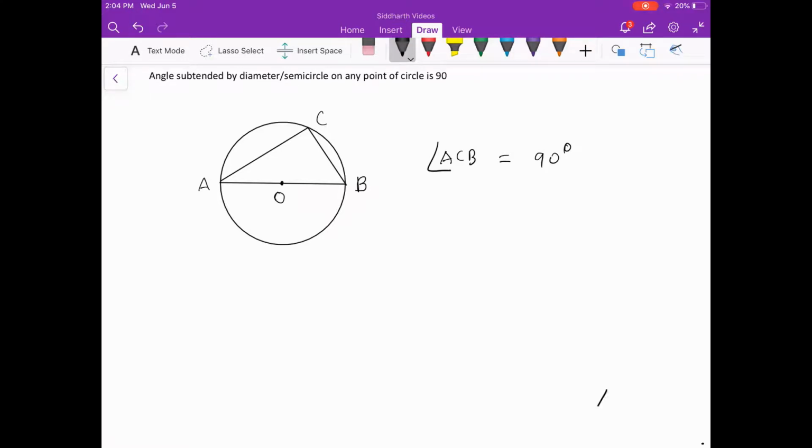So angle AOB has to be 180 degrees. Because the angle subtended at the center is twice the angle subtended at the arc, and angle AOB is the angle subtended at the center, ACB has to be 90 degrees.